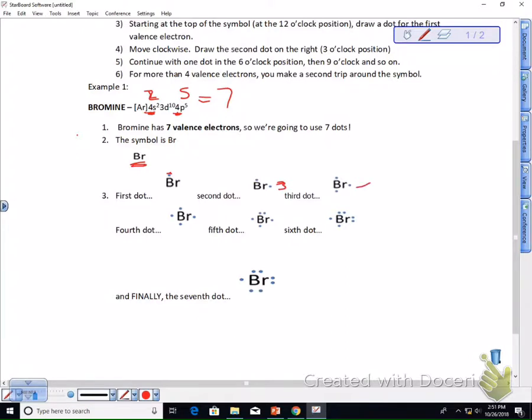Then we get back to the 9, and then finally to the 12 o'clock position again, where we finally start doubling up. We just keep going in the same circle. So back to the 3 o'clock position, and then the 7th and final dot goes in the 6 o'clock position. So we've now got 1, 2, 3, 4, 5, 6, and 7 dots, one dot for every valence electron in bromine.